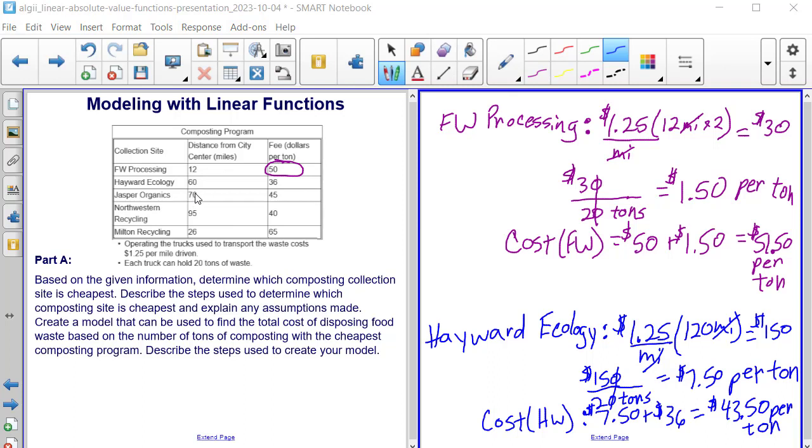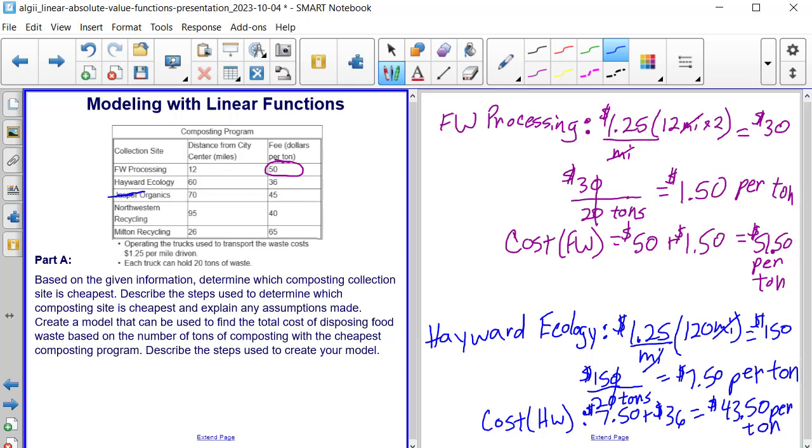If we compare the distance from the city to Jasper Organics and Hayward Ecology, we can see that this is further, and also the fee in dollars per ton is also more. So we can now say that Jasper Organics cannot be the cheapest composting system. So we can cross it off most definitely, because again, these costs are higher than Hayward Ecology.